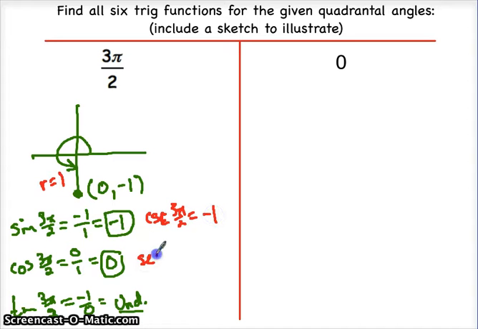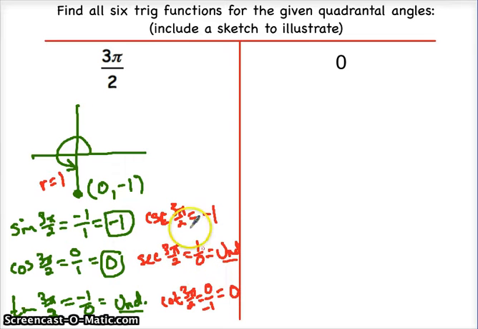The secant, reciprocal of the cosine, well, instead of 0 over 1, we're going to get 1 over 0, which again is undefined. And finally, the cotangent at 3 pi over 2, well, instead of -1 over 0, we've got 0 over -1, or 0.